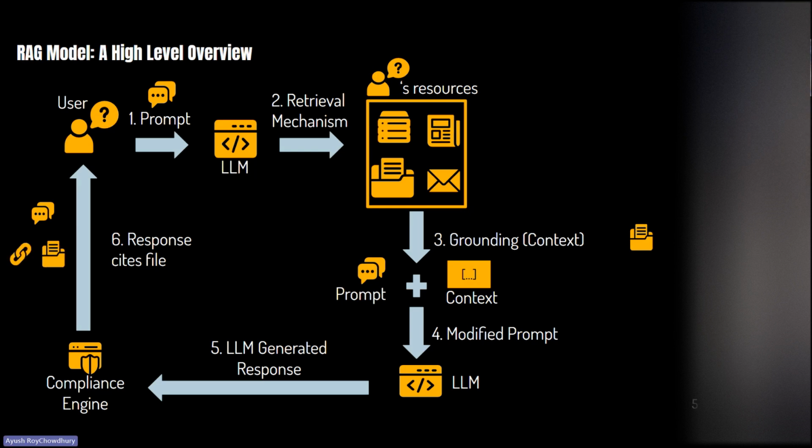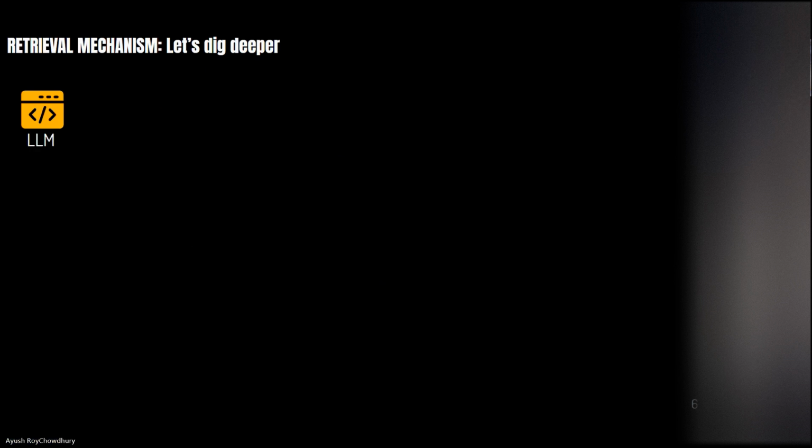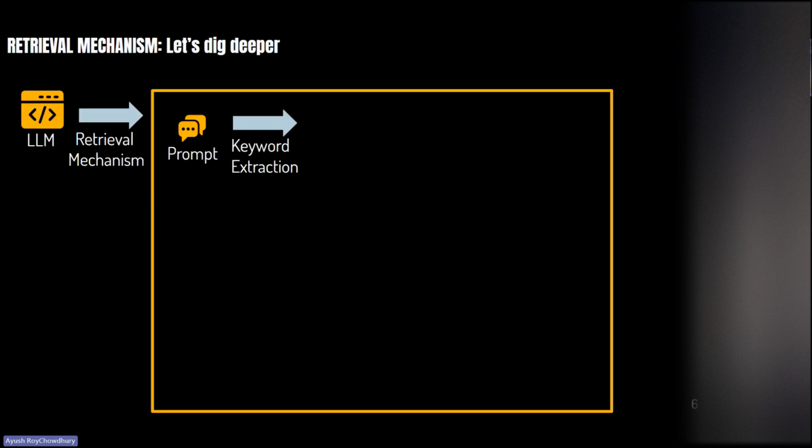So now that we've gone over that, let's take a deeper look into what exactly happens in the retrieval mechanism. Within the retrieval mechanism, we see that the prompt itself has some keywords that are extracted. And these keywords are known as vectors.